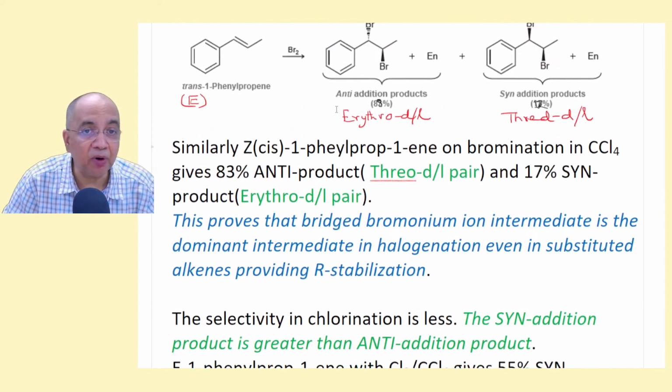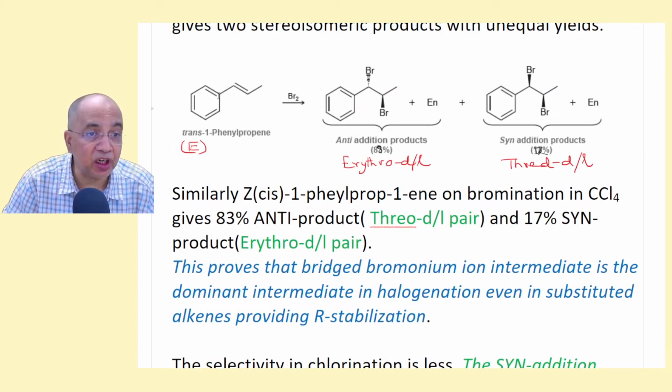Similarly, Z, I have not drawn Z. Had it been so, this methyl will come here, so it will be Z, and then the other way around. Then threo would have been the major product. The cis compound would have given 83% threo due to anti product, and 17% syn product, that is erythro.